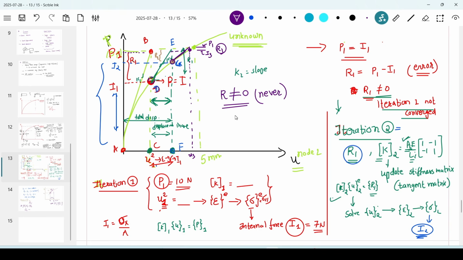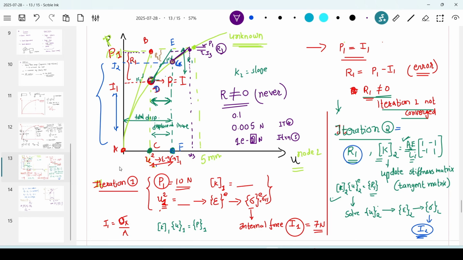Maybe if I give 10 newton, the R may be 0.1 newton in iteration 3. In iteration 4 you may say 0.005 newton. And continuing to iteration 5, the error is 1e-6 newton. But since this is non-linear, it is never 0, so R is never equal to 0.